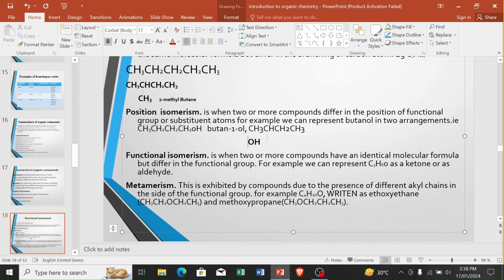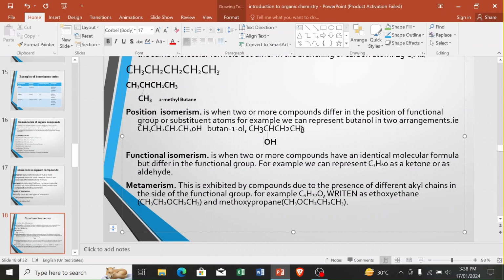For the second example, we start counting from the carbon atom carrying the functional group or the carbon atom closer to the functional group. So I will say this is 1, 2, 3, 4. When I take this route, you find that OH is on carbon atom 2.